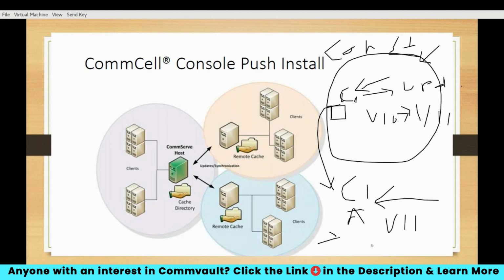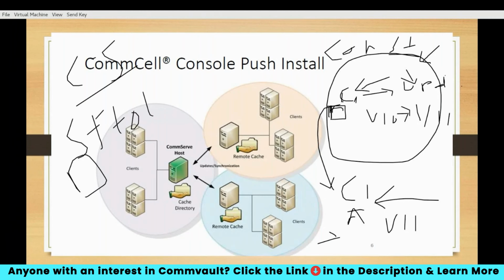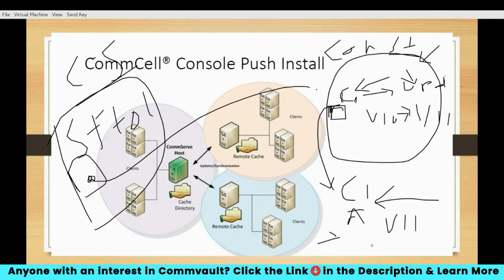When you click on update software, this client needs installation files. So on the CommServe, as I have just said, you will specify one location for the software cache. From here on the CommServe, these files will be transferred to the client.